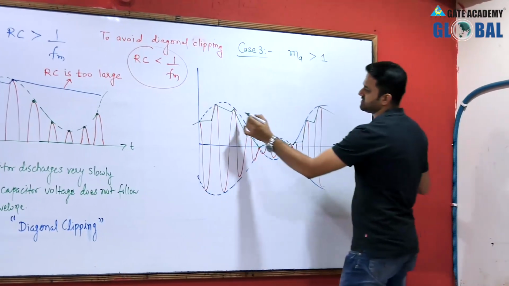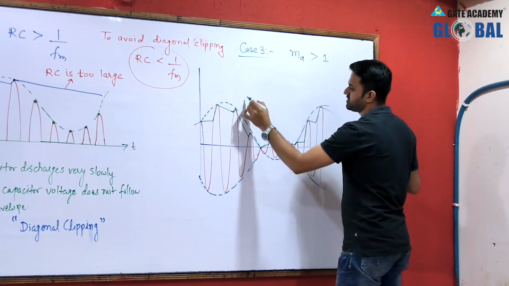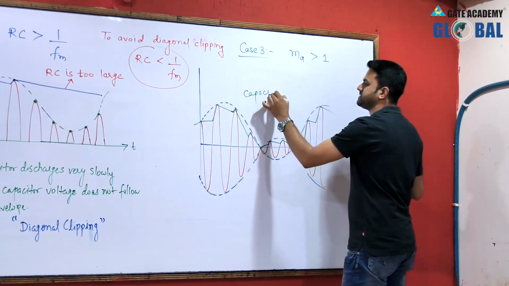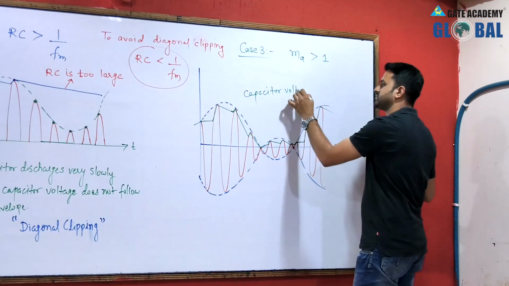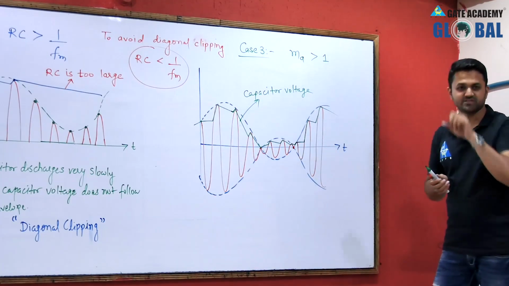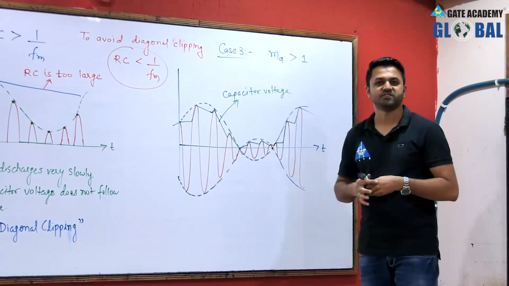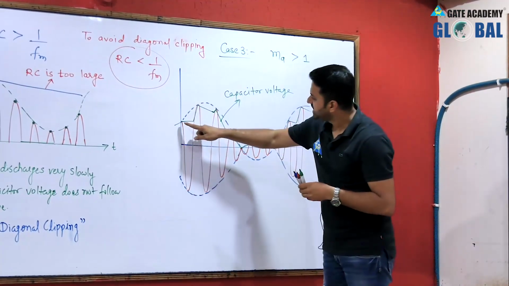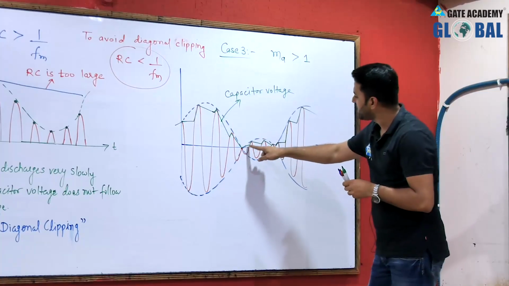And we get this green signal as output, the capacitor voltage. Because we are maintaining the time constant between 1 upon Fc and 1 upon Fm, that is why it is closely following the envelope.